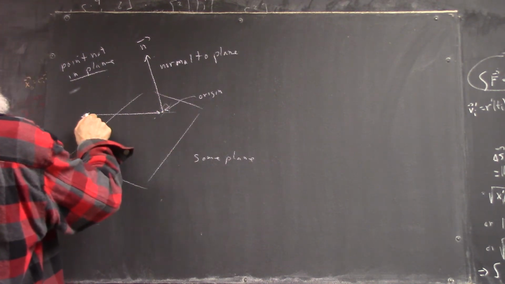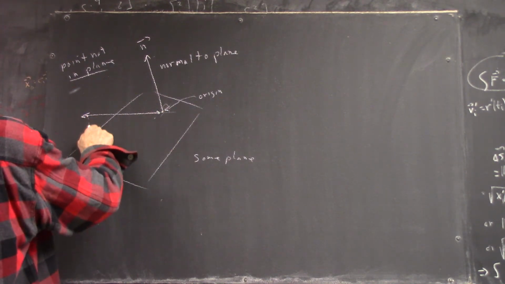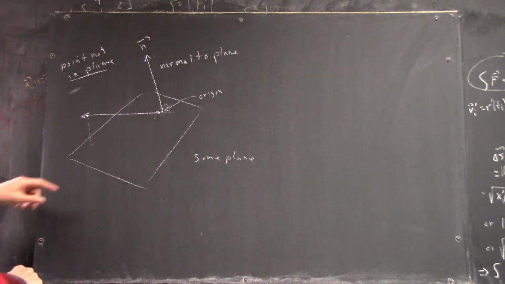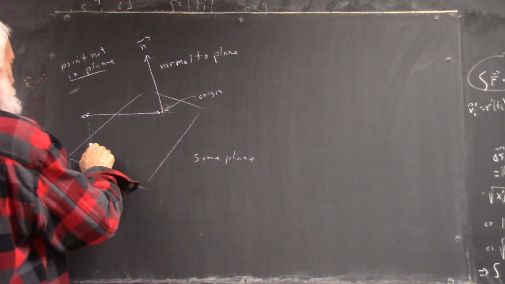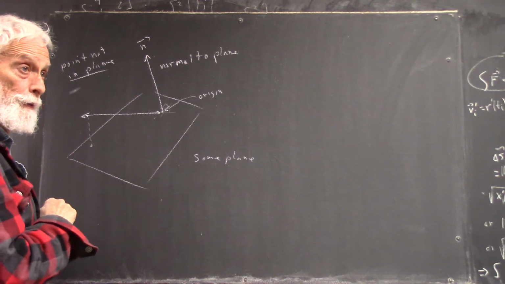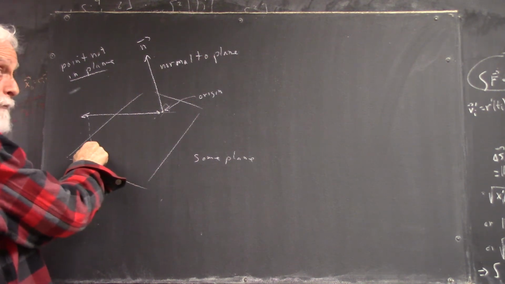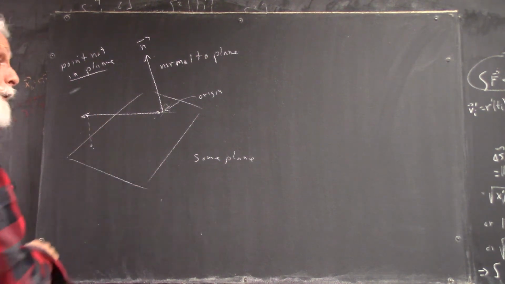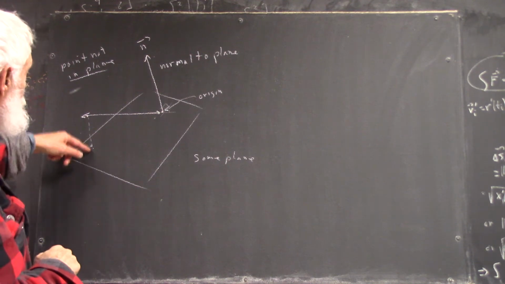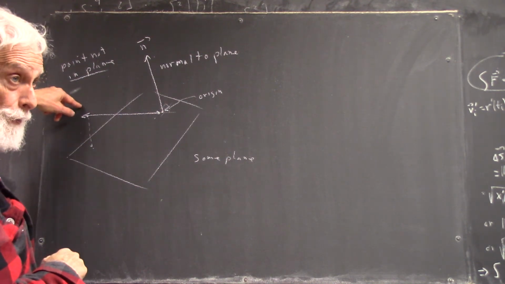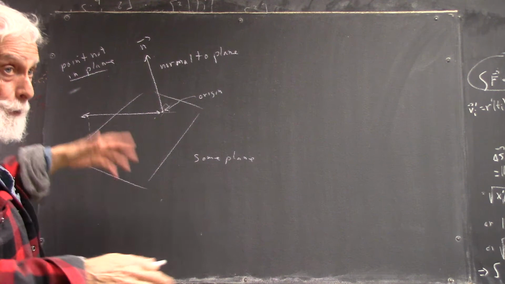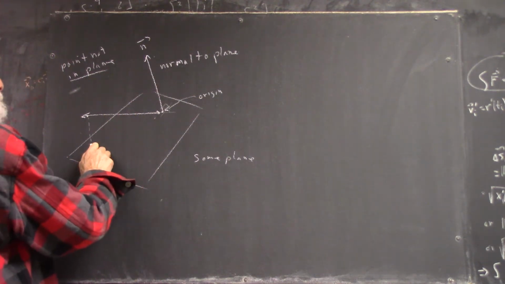So this point is not in the plane. If you project it at a perpendicular, it comes down to here. So here's a point in the plane that's as close as you can get to this point, because you go at a perpendicular to get out of the plane to this one. That makes it as close as possible. Now we can prove that and justify it, but right now just accept it.